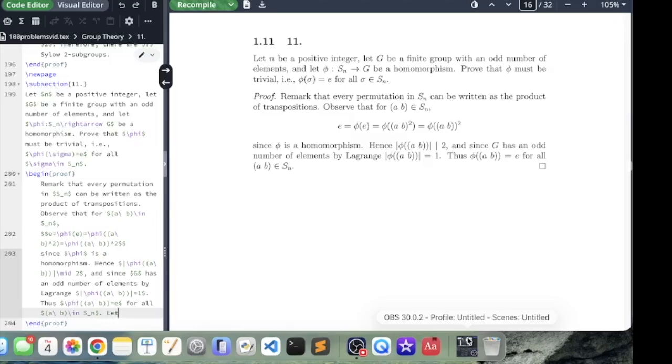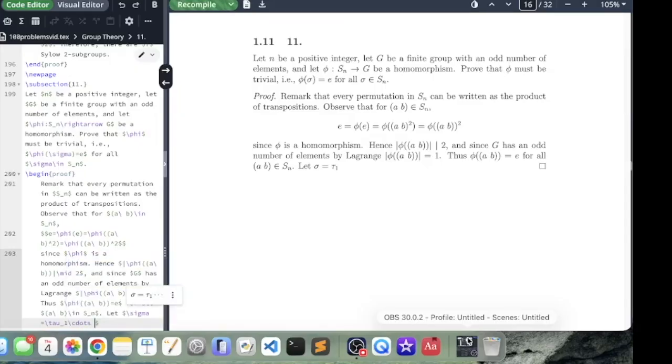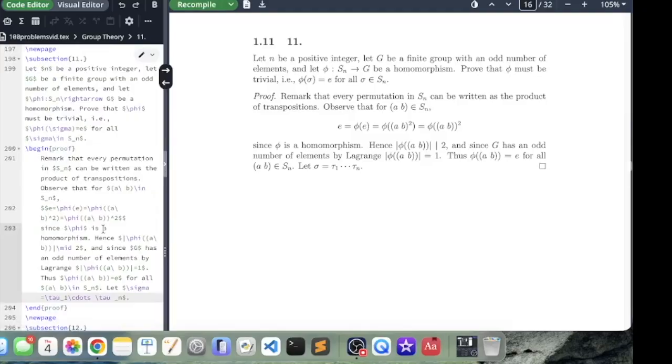So let sigma equal the product of n transpositions, where each tau is a transposition.